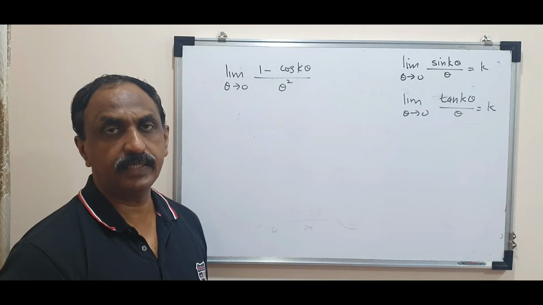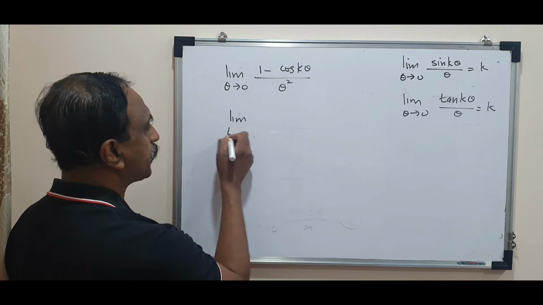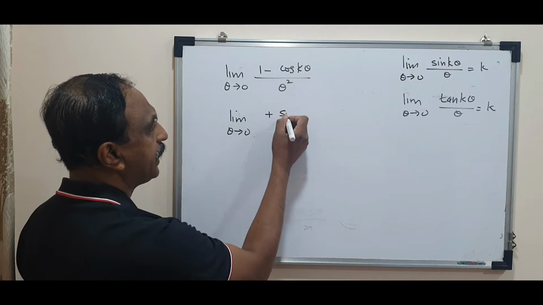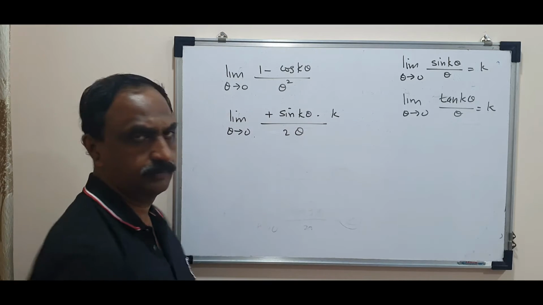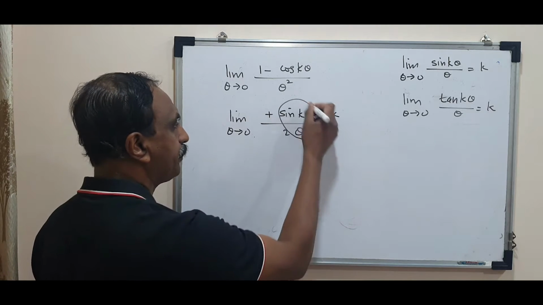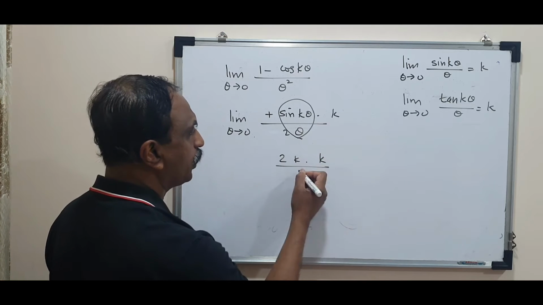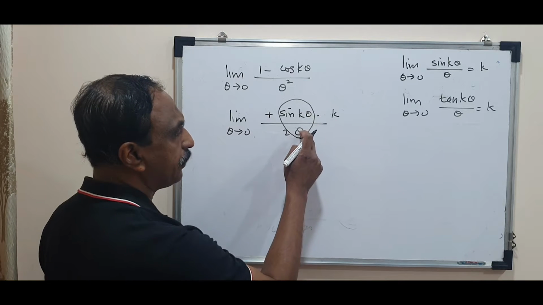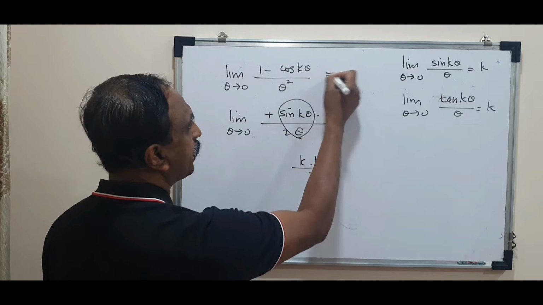This also we will learn as a standard formula. If you differentiate this with respect to theta, cos becomes sine, so plus sine k theta into k upon 2 theta. Now sine k theta upon theta is k, so k into k upon 2, so this becomes k square by 2.